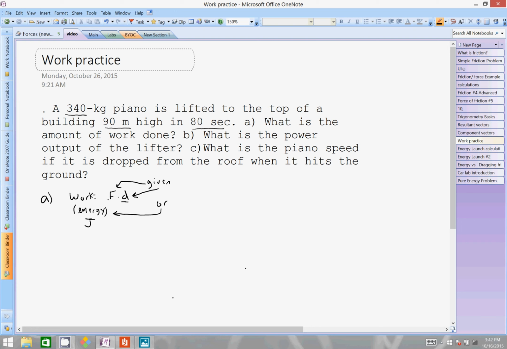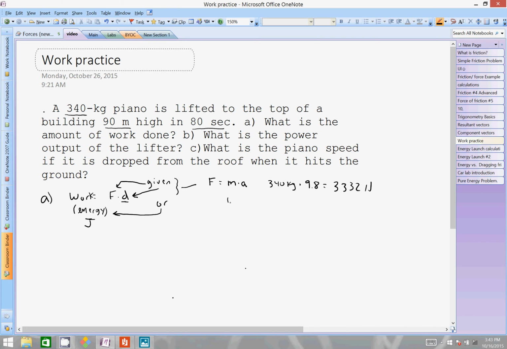So we could solve it this way right off the bat. Force is equal to mass times acceleration of gravity. In this case, the mass is 340 kilograms times the acceleration of gravity, 9.8, which equals 3,332 newtons of force.